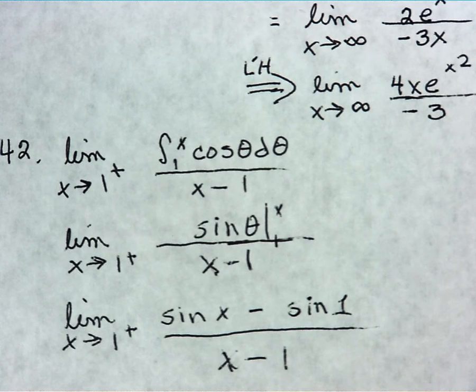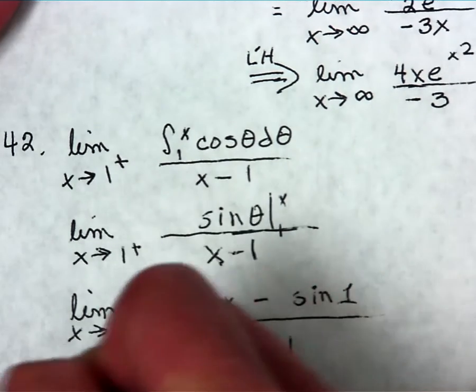Could we use direct substitution now? In the numerator, we'd have sine of 1 minus sine of 1. That's 0. In the denominator, we'd have 0. So, no, we can't use direct substitution, but we do have the form that L'Hopital helps with.